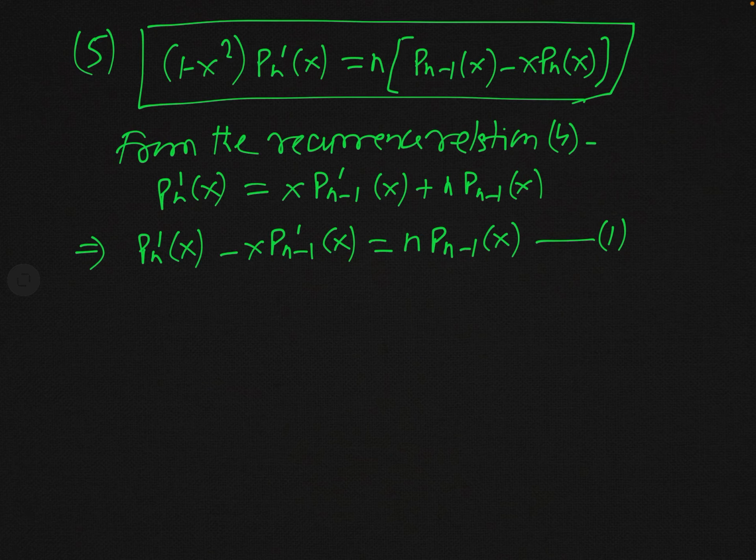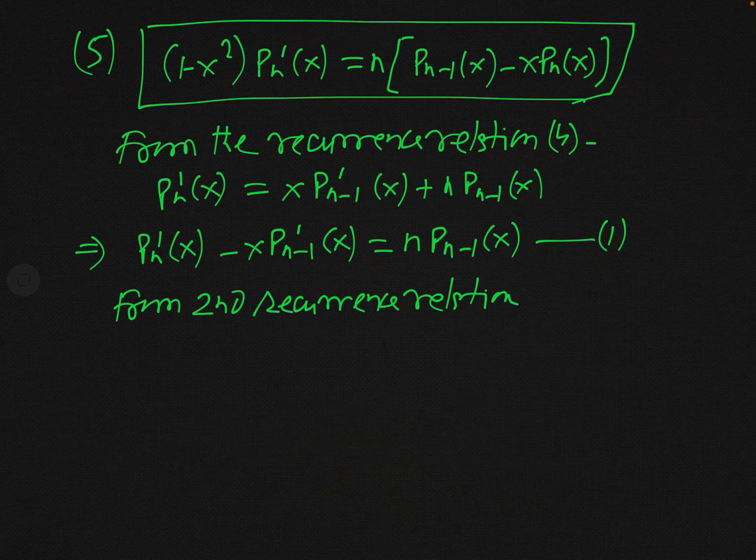Now again we will make use of the second recurrence formula. So from the second recurrence relation, I have told you, you must remember it, so I am just writing it directly.